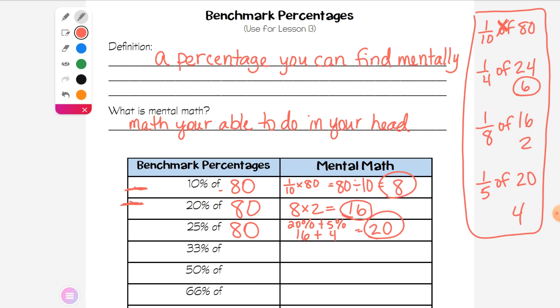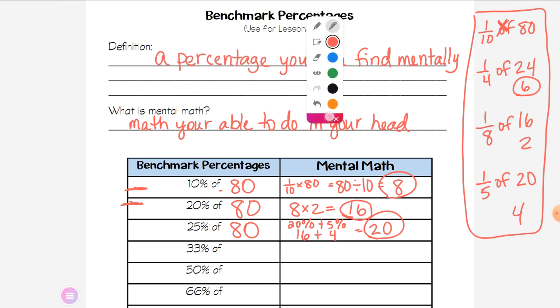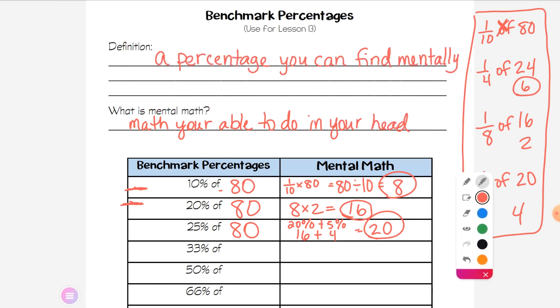Okay, let me teach you another trick for 10%. I'm just going to write a bunch of them up here on the side. You don't have to write these anywhere unless you want to. I'm just going to write a number and what 10% of it is so you can see the pattern.